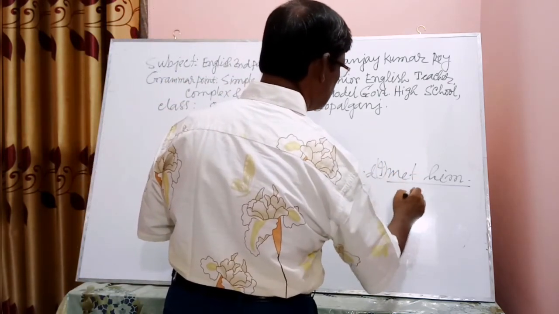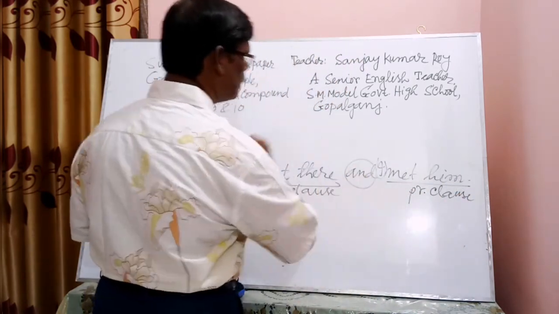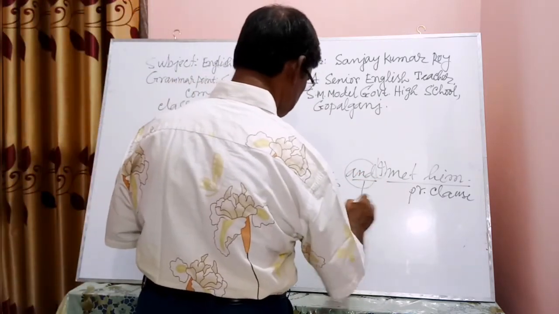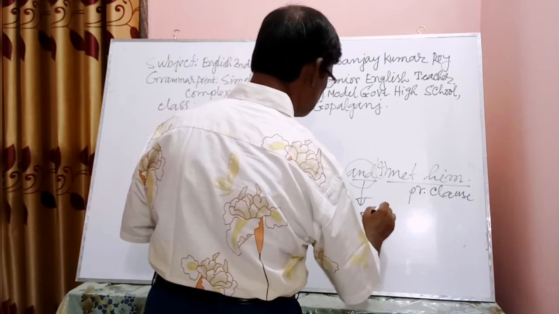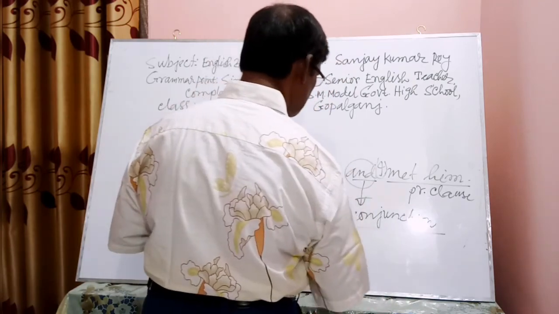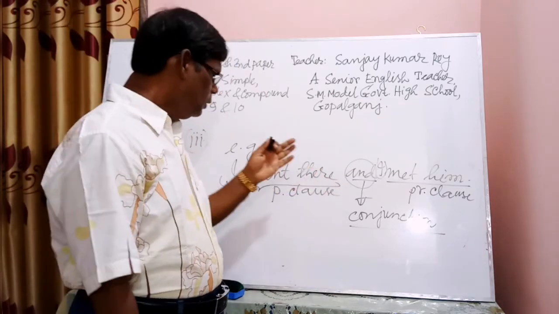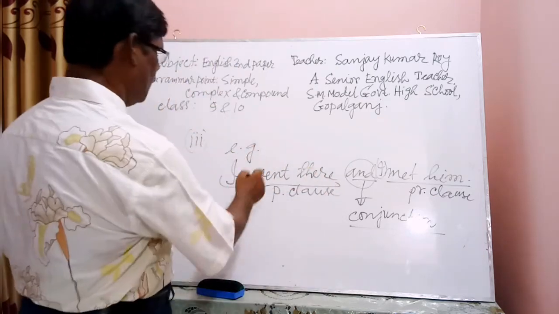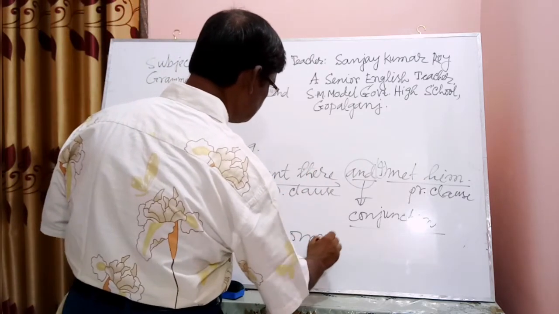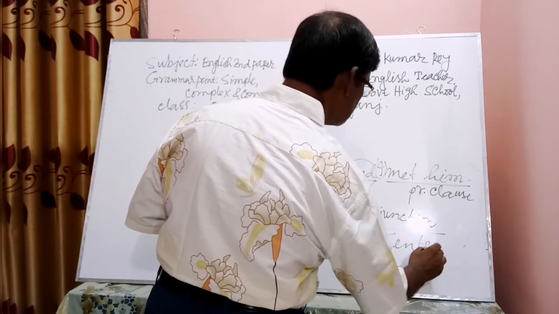This is also a principal clause, joined by and, which is a conjunction. In fact, this conjunction is a coordinating conjunction. So I went there and met him. This sentence is a compound sentence.